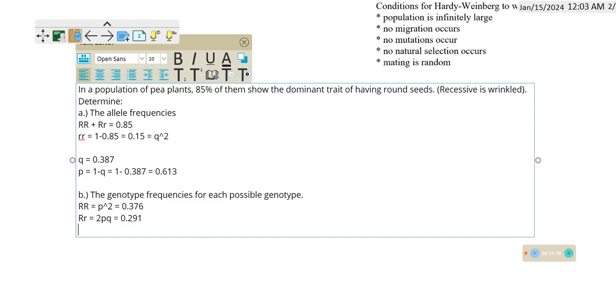And then I already found from up here r squared, or q squared. So little r again is equal to q squared, which is going to be equal to 0.15.